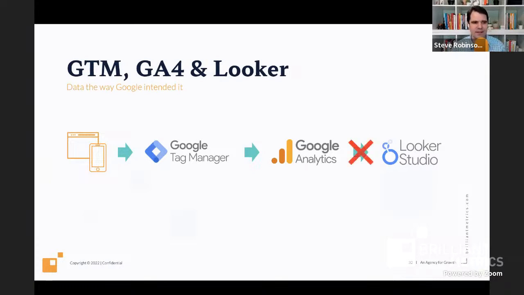But then they went and broke that, because they put API limits inside of Google Analytics so that Looker Studio can't pull the data fast enough from GA4 or often enough to make it useful. There's a workaround, but it's not super accessible to every brand.